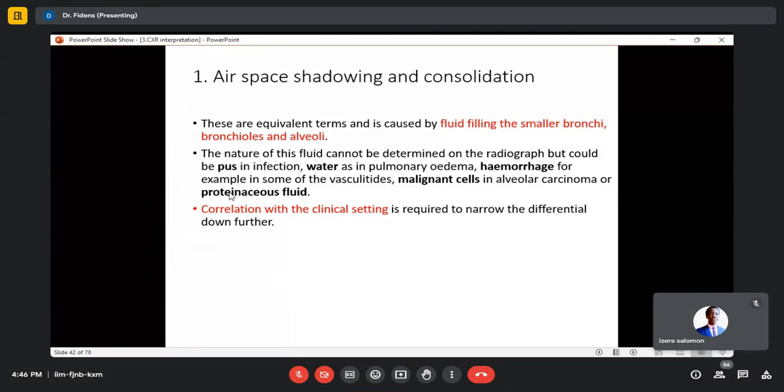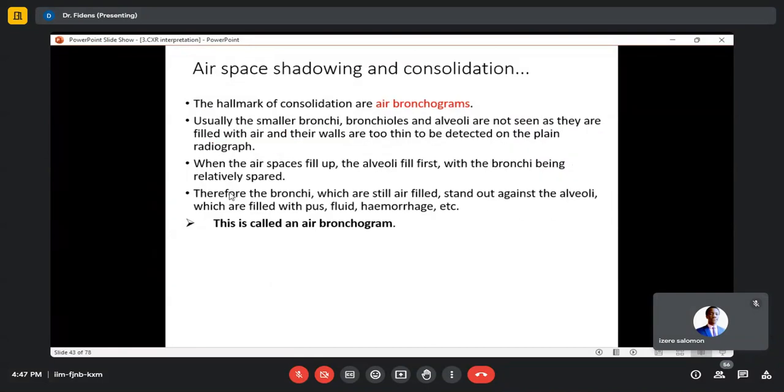The hallmark of consolidation are air bronchograms. Usually, the smaller bronchi, the bronchioles and the alveoli, are not seen as they are filled with air, and their walls are too thin to be detected on plain radiographs.